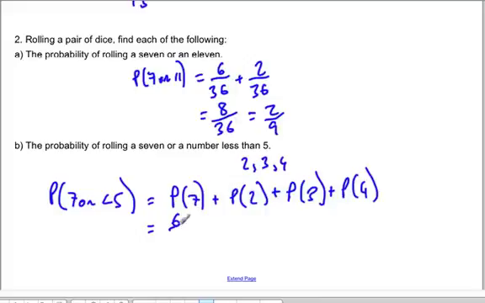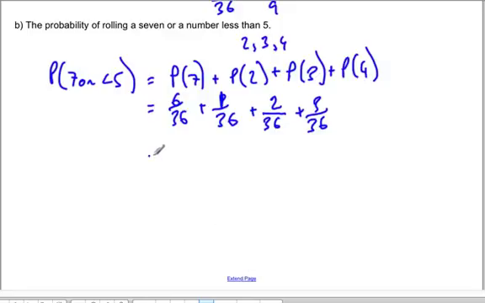The probability of rolling a 7 is 6 over 36, plus there is only one way you can roll a 2, and that's with snake eyes, so that's 1 over 36, plus 2 ways we can roll a 3, either a 2 and a 1 or a 1 and a 2, out of the 36 possible outcomes, plus 3 over 36, which is the number of ways we could roll a 4. So this is going to be 12 out of 36, which is 1/3.